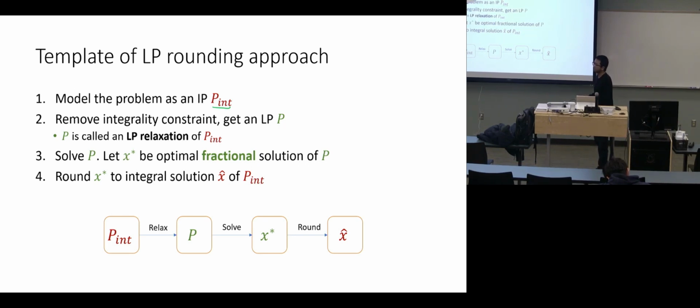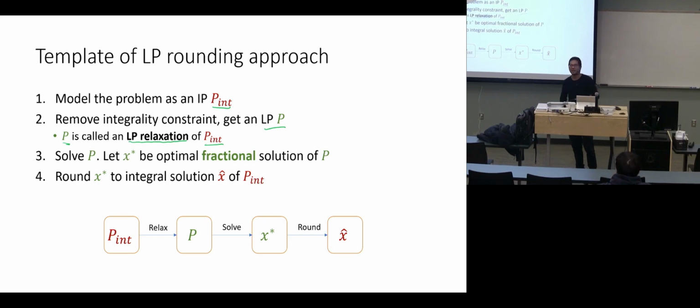So the second step is to remove the integrality constraint, and you get an LP. We call this LP the LP relaxation of the IP. When you have an IP and you remove the integrality constraint, you get an LP, and you call that thing the LP relaxation. Okay.